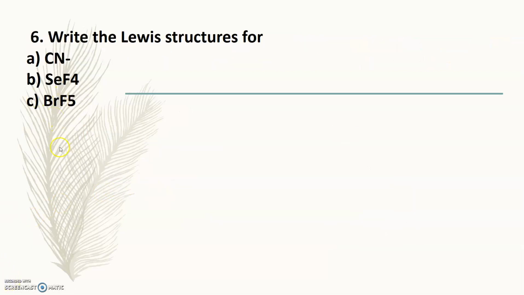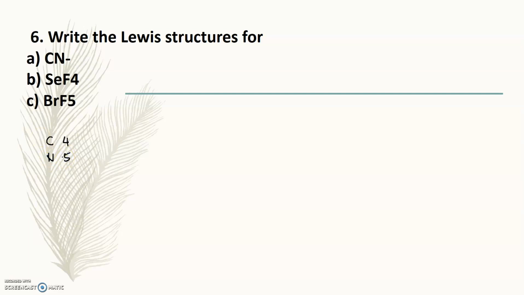Okay, next question. Also write the Lewis structure for cyanide, CN minus 1. So this is just a charge here. We'll look one by one. Carbon has 4 valence electrons, nitrogen is 5.